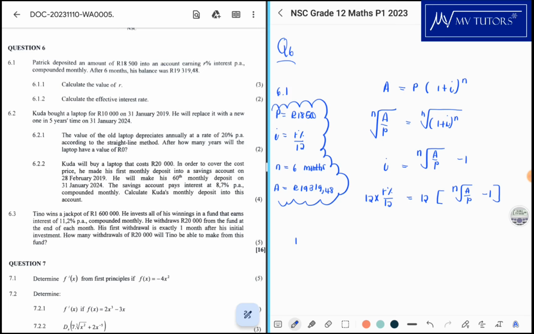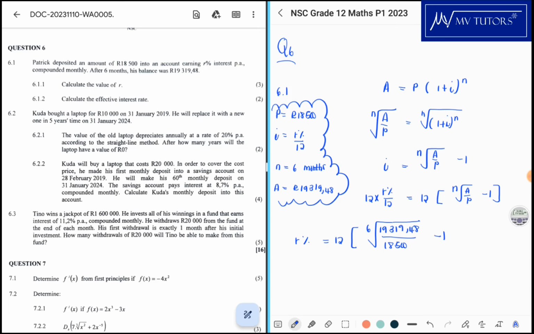the values. So R percent will be equal to 12 times, okay, so n is 6, A is 19,319.48, and that is divided by 18,500.